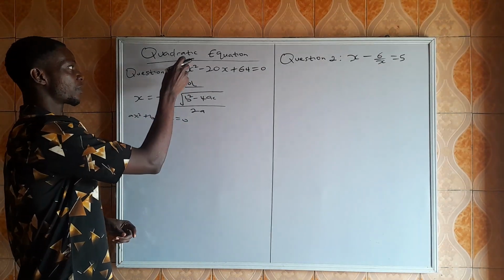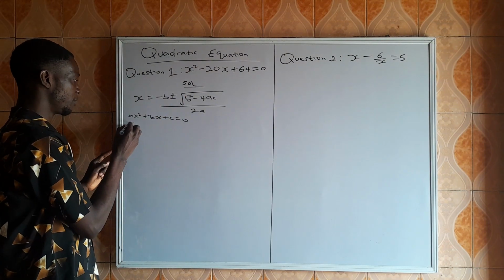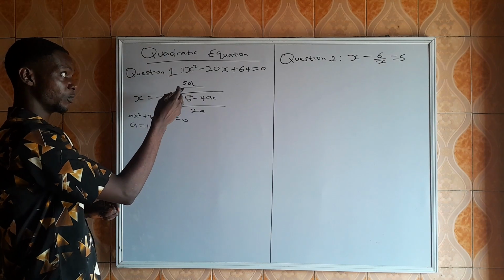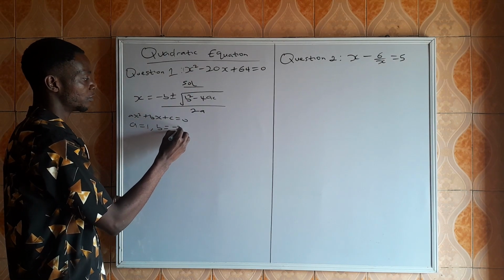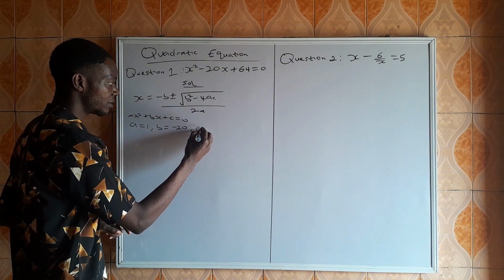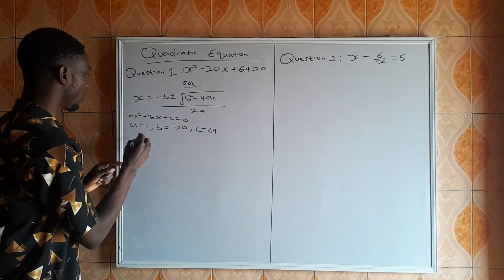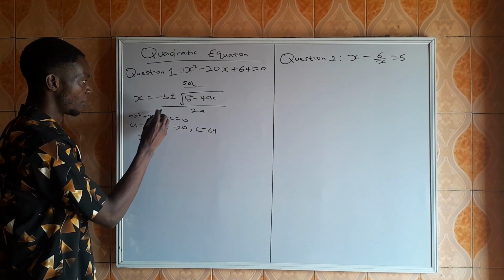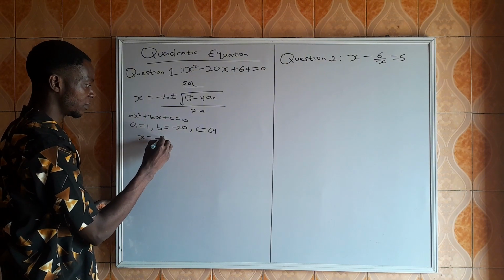So from here, you have the coefficient of s squared. That means your a will be equal to 1, and your b is minus 20. And the constant value, which is c, is 64. So from here, you have s to be minus b, and your b is minus 20.